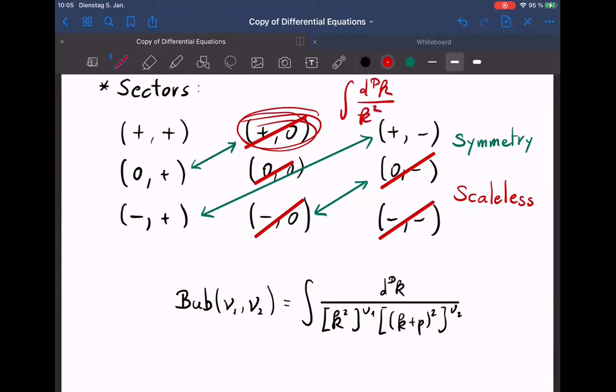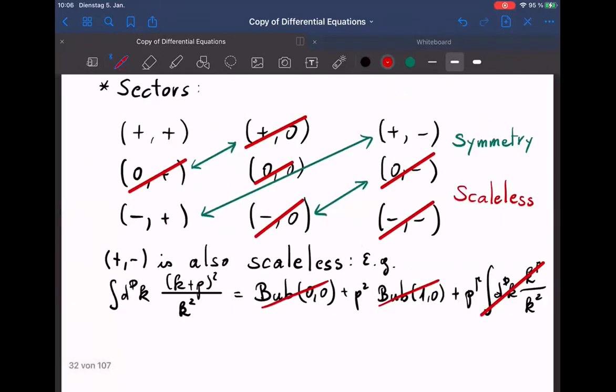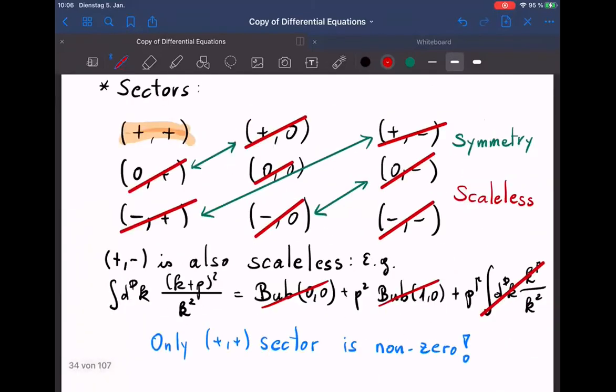It has no energy scale. However, if you have a mass, it would have an energy scale, which is the mass. And then this sector would be non-zero. Okay, thanks for the comment. So for this example, the analysis of the sectors, you have to do it case by case.